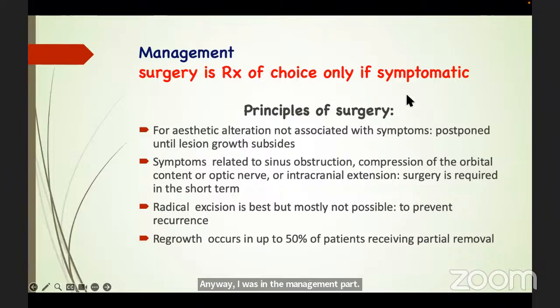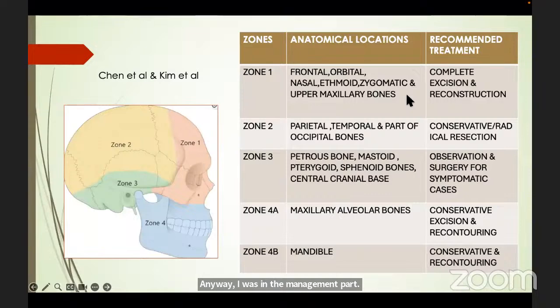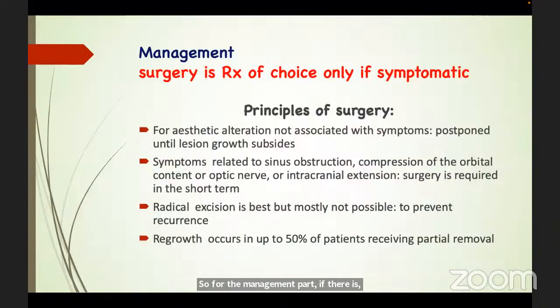For the management part, if it is for aesthetic reasons, then we wait till the disease subsides and becomes stabilized, which usually happens by 15 to 18 years of age. The peak time of fibrous dysplasia manifesting is around 5 to 7 years, and by 15 to 18 years it is stabilized.